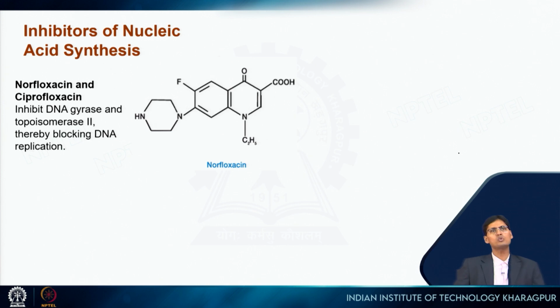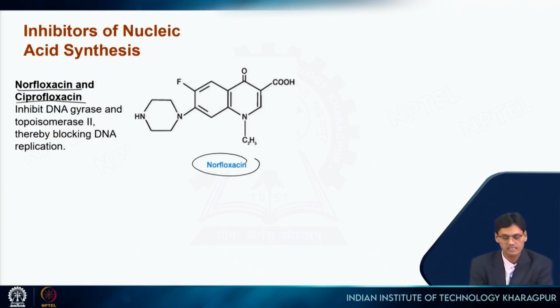Now, those two are, I would say, the major classes of antibiotics. One group inhibits peptidoglycan synthesis, and the other group inhibits protein synthesis in bacteria. And some other antibiotics are also available, for example, inhibitors of nucleic acid synthesis, as you can see, norfloxacin and ciprofloxacin. So here this is norfloxacin.